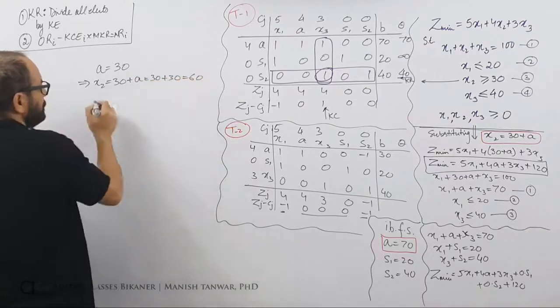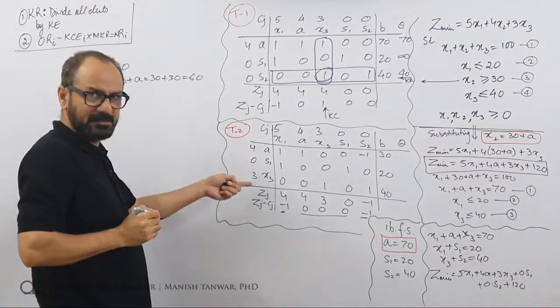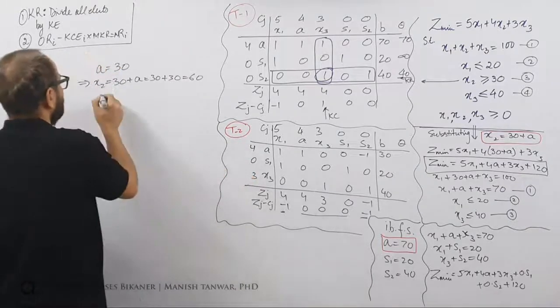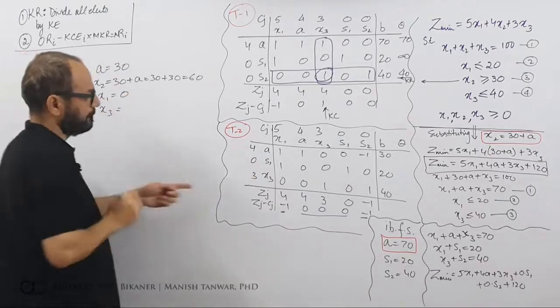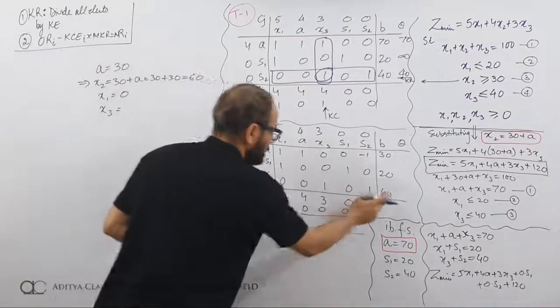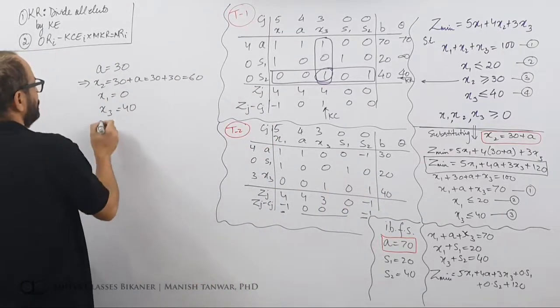So x2 is equal to 60. x1 is not in this list, so x1 is 0 and x3 is 40. So this is my solution.